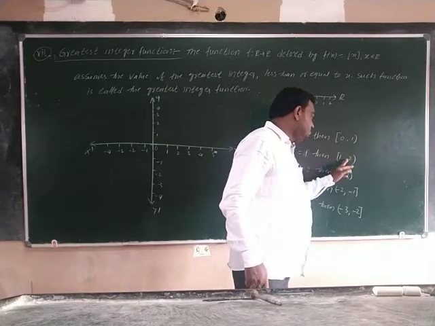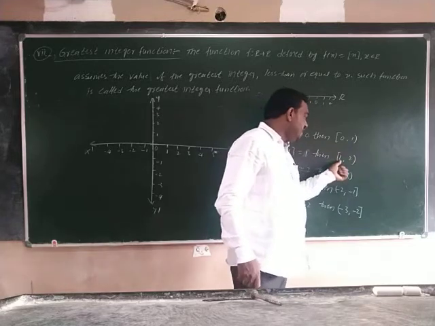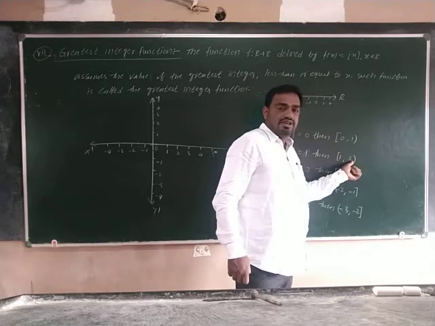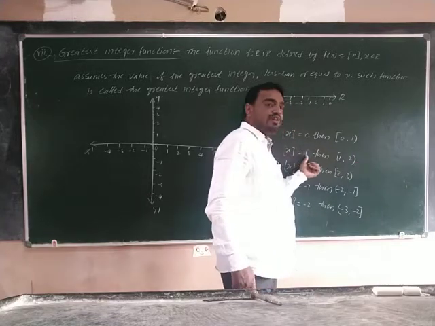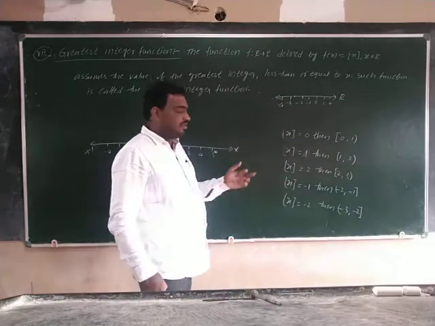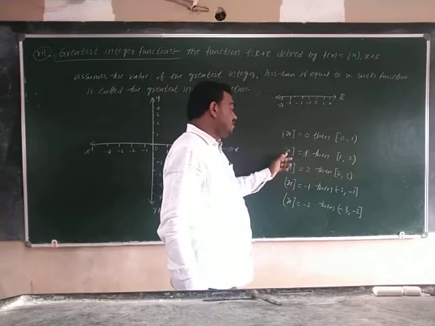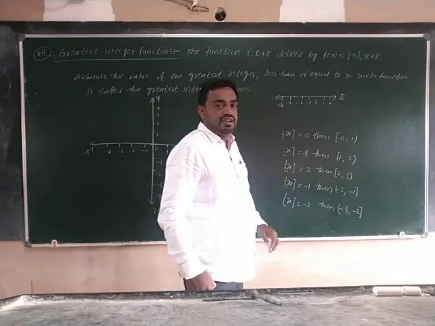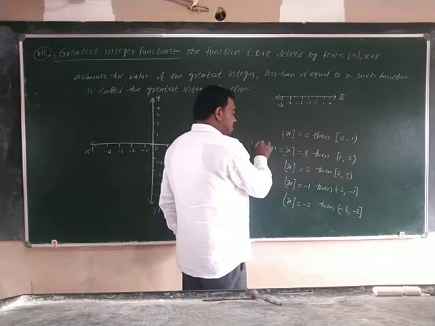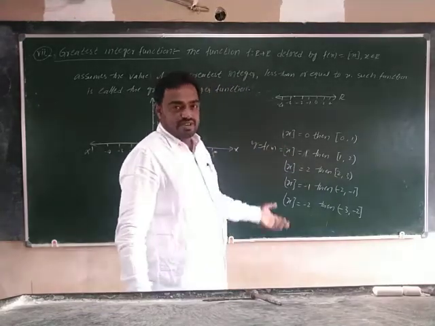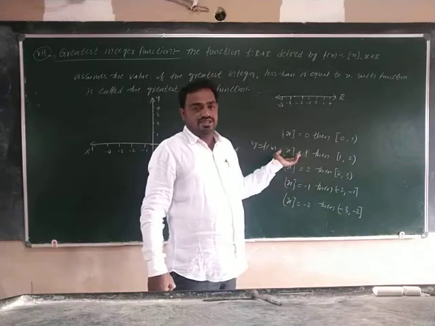Interval 1 to 2 means 1 is included, 2 is excluded. In this interval, x is equal to 1, that means the greatest integer of x is equal to 1. Greatest integer of x means f of x. f of x is nothing but y. y equal to f of x, defined as the greatest integer of x.